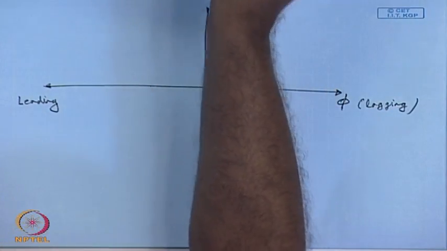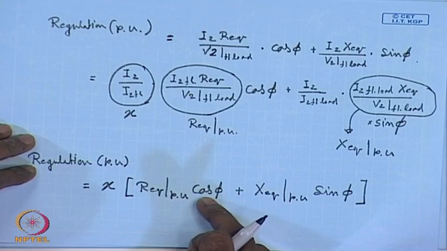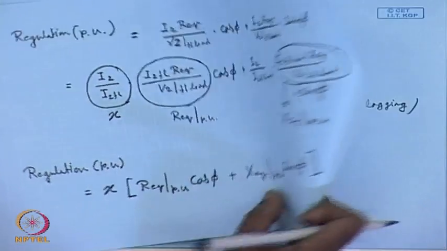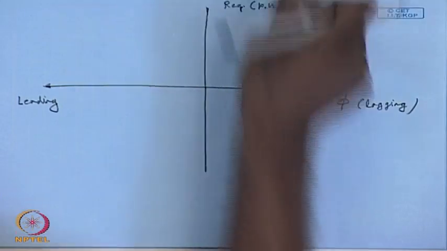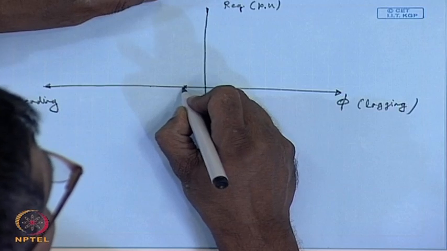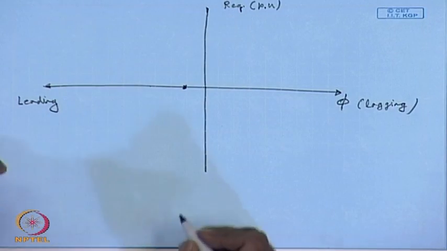Please note that at unity power factor percentage regulation is not 0, it is some positive value; it is 0 at some leading power factor.